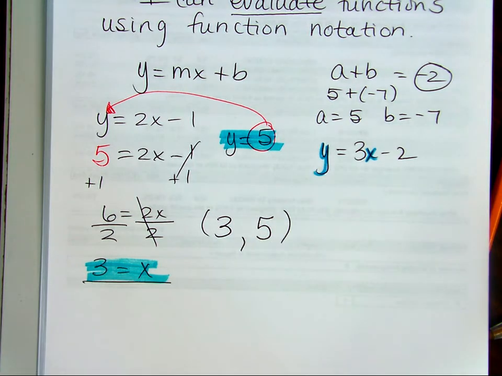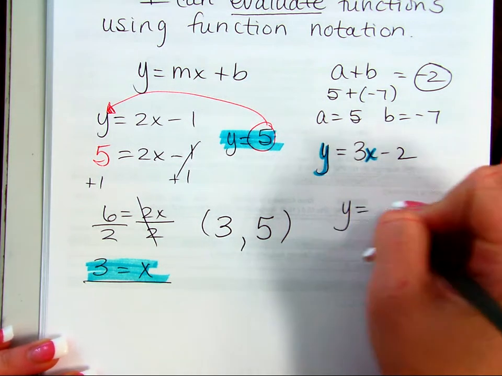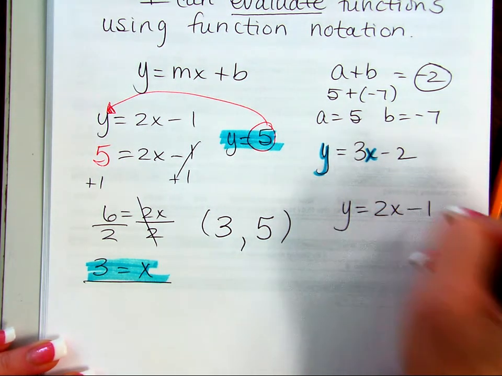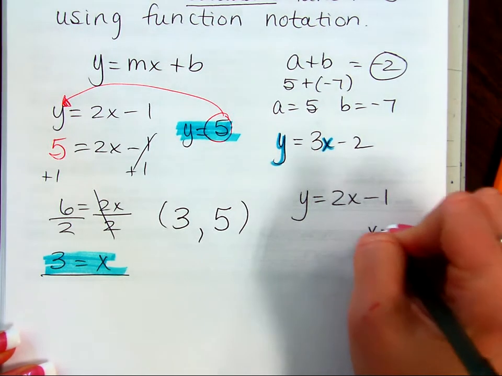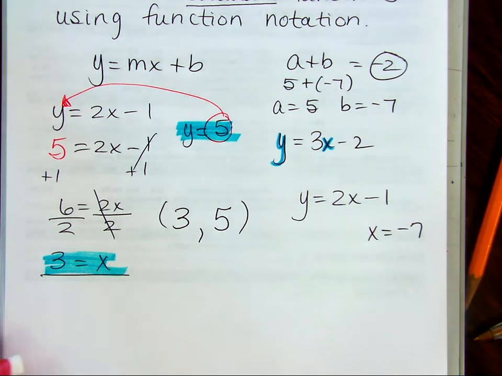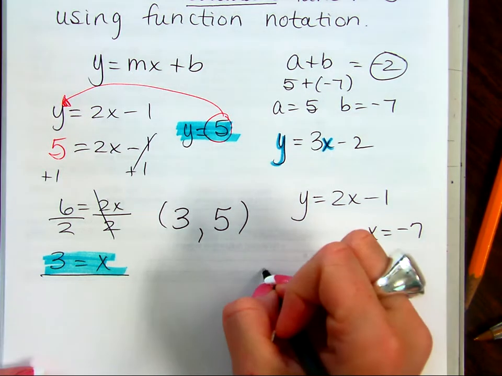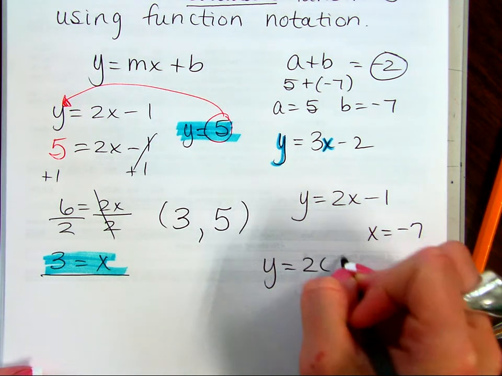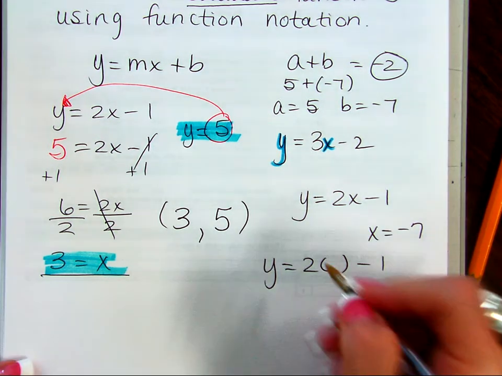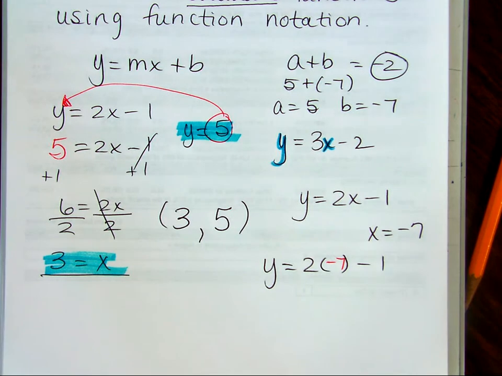Pretty easy, right? Could I give you the very same equation and say y equals 2x minus 1, except this time could I say x is -7? If I give you x, then now you have to solve for y, right? So this means I'm looking for y when x is -7, okay?